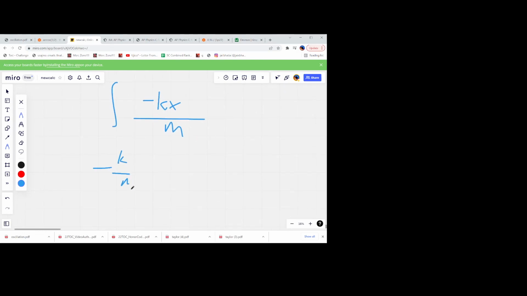Minus k over m. I don't know. I think you need to do some chain rule nonsense here, but beats me.